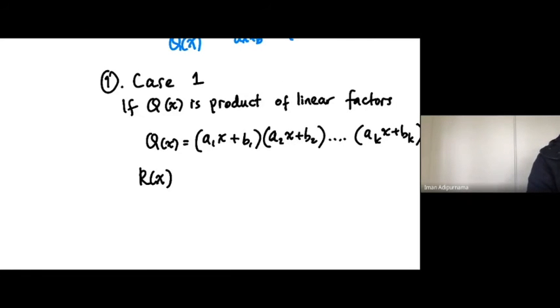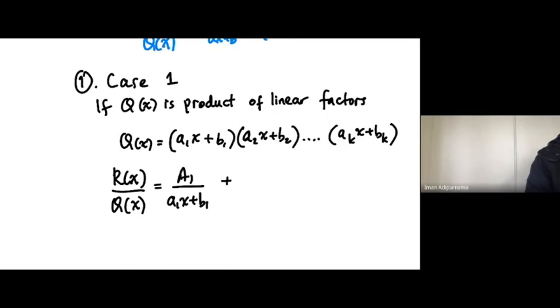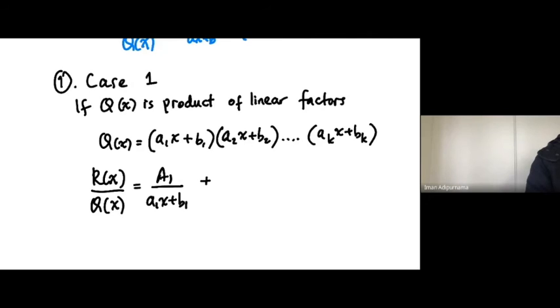So R(x) over Q(x), this applies if no factor is repeated. So A1, A2, B1, B2 are different constants.